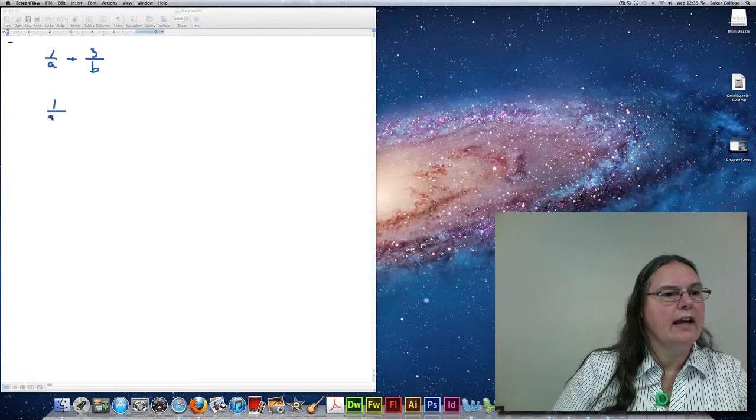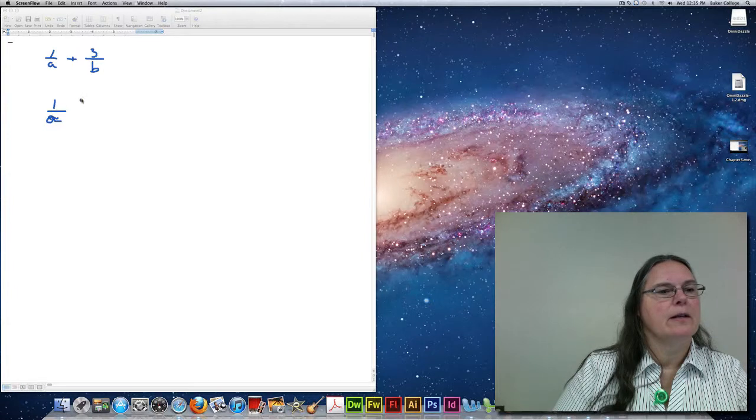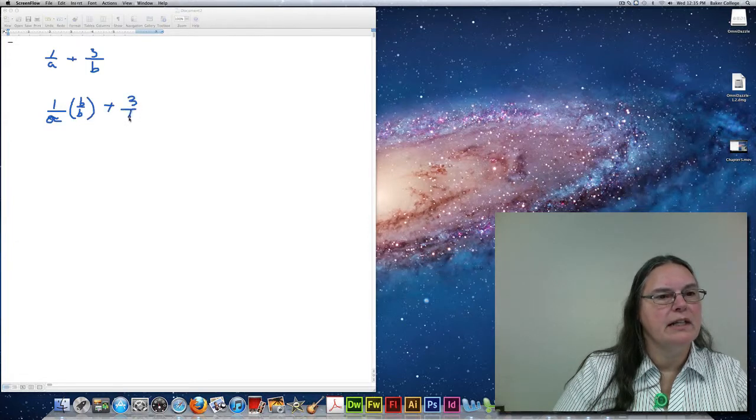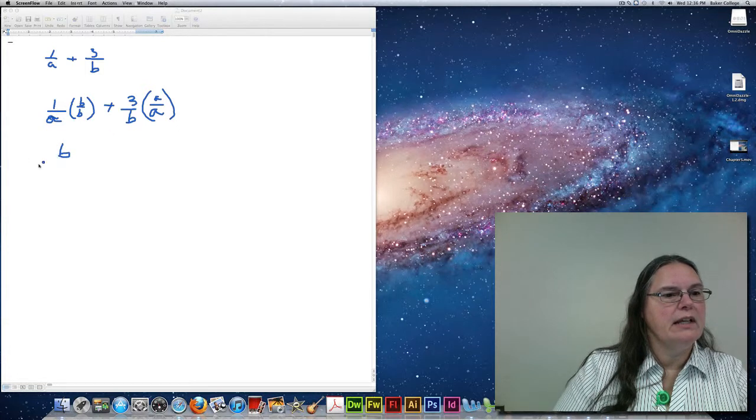1 over a has to be multiplied by b over b. And then we're going to look at 3 over b needs to be multiplied by a over a. So I have b over ab added to 3a over ab.